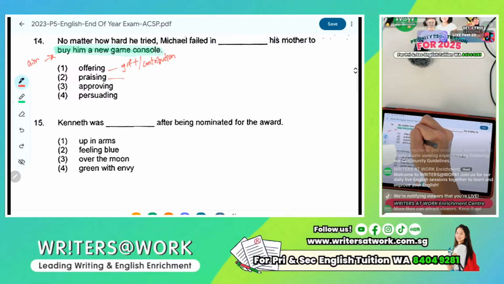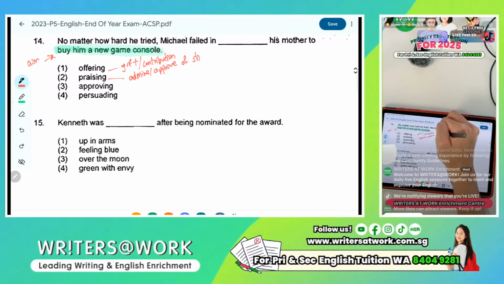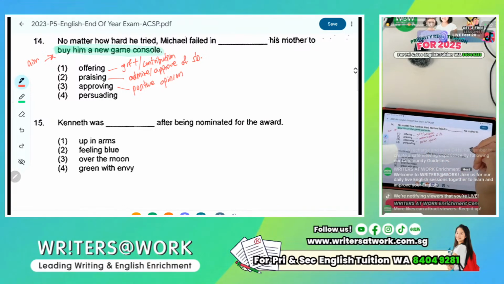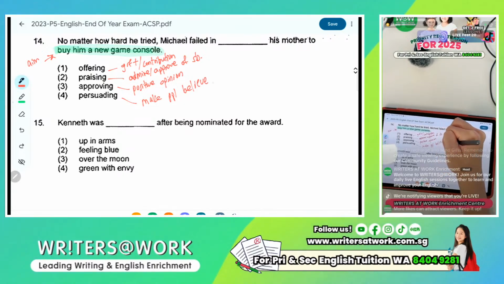Next, praising means that you admire or approve of somebody. Next, we have approving, which means that you have a positive opinion of something. Lastly, persuading means that you want to make people believe in your aim.